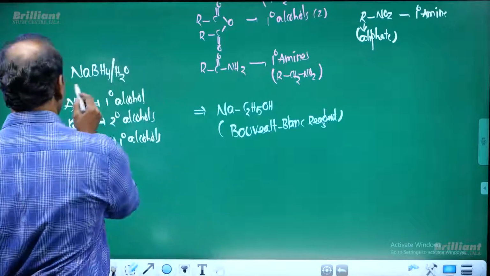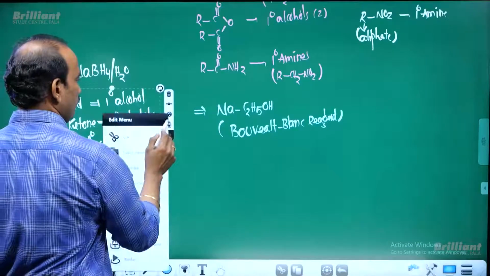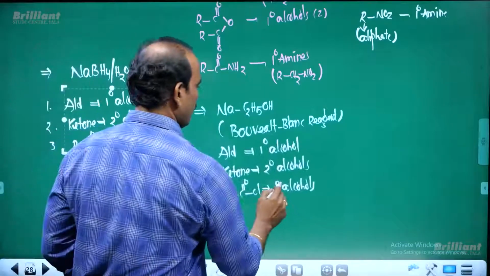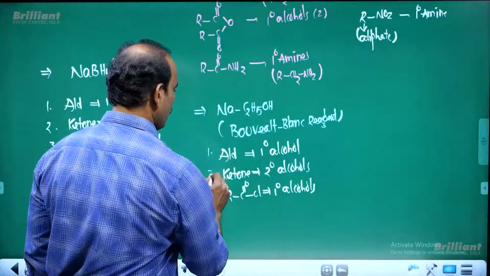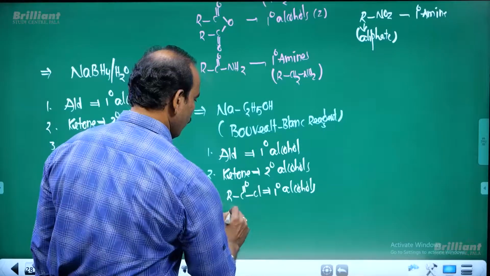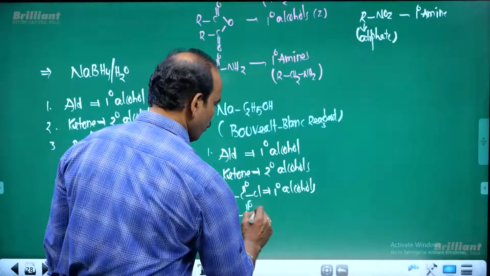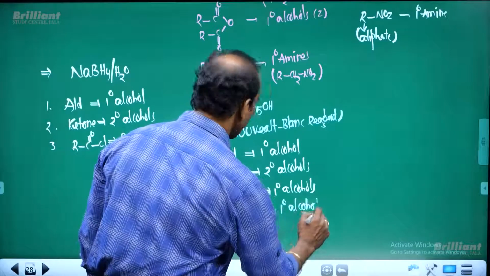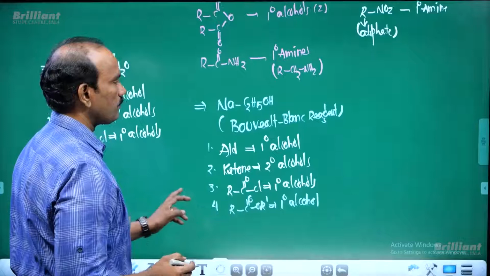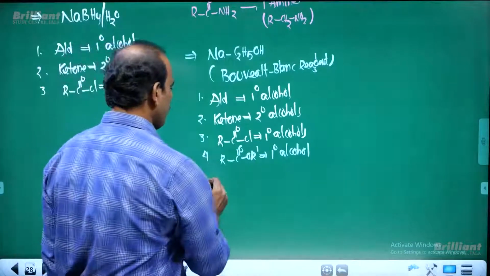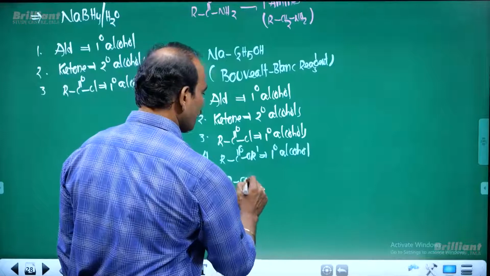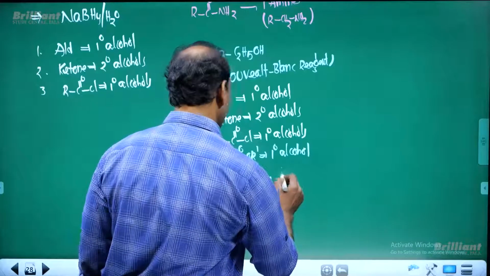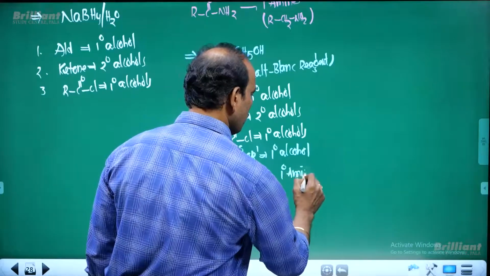Here, one, 2, 3, 4: RC double bond OR dash changes to primary alcohols, and cyanides change to primary amines.